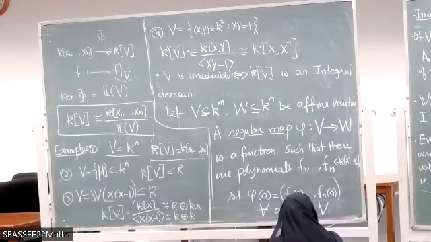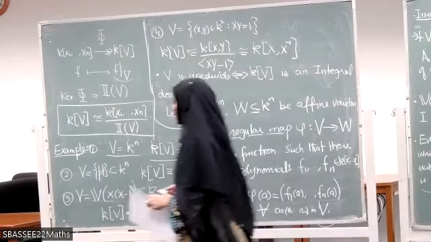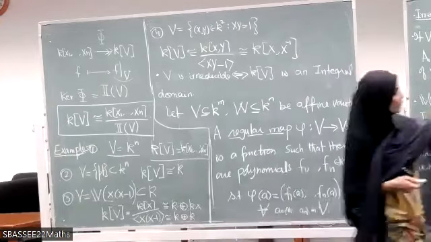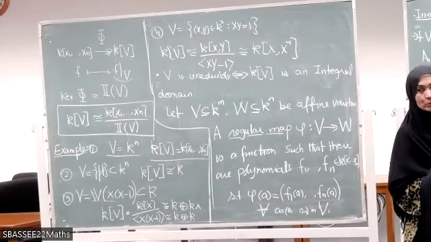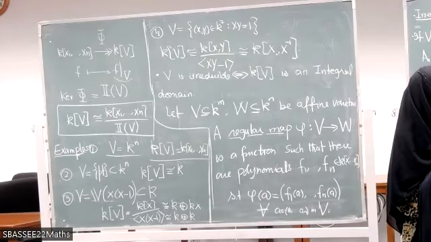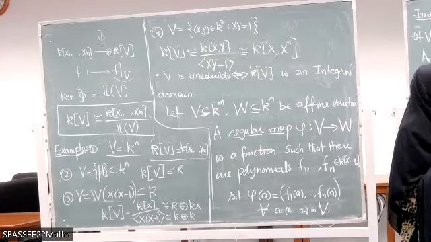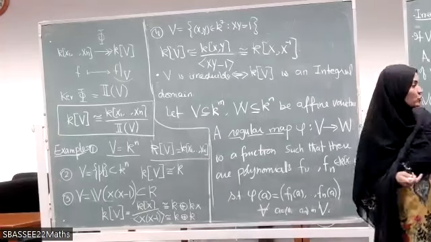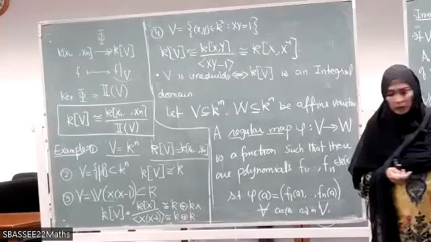Okay. So if you look carefully, this is nothing but the extension of that one, because if you go back to the definition of the regular function from V to K, you just need one coordinate there, so you just need one polynomial.